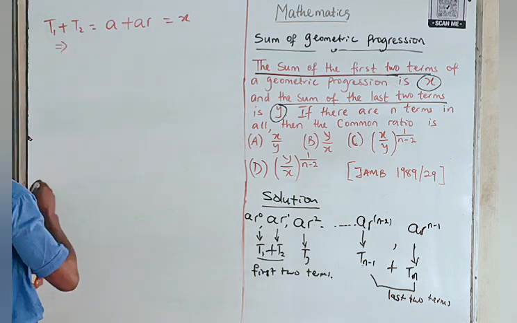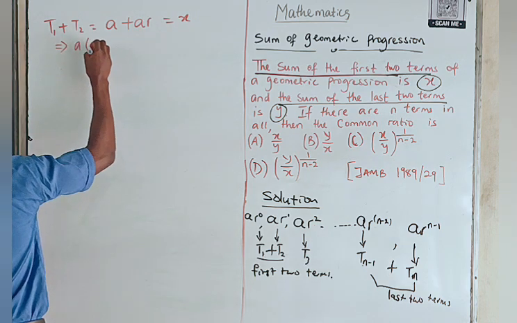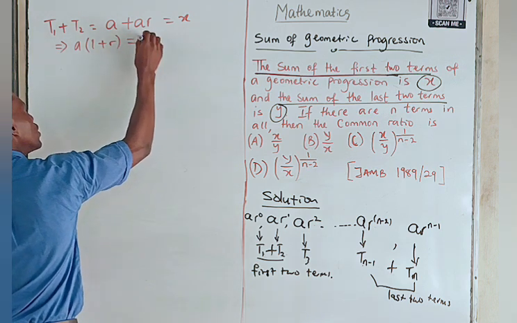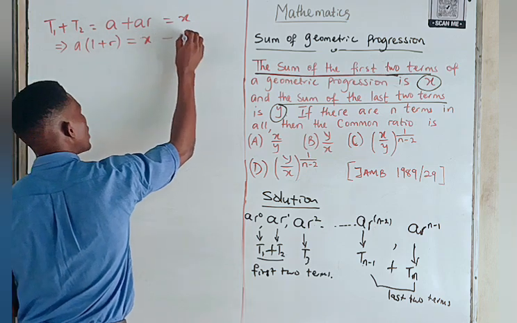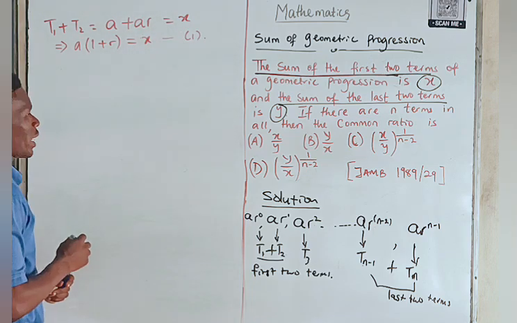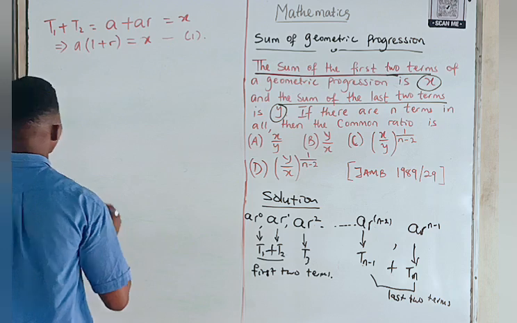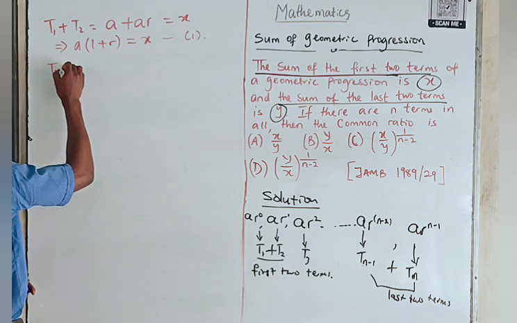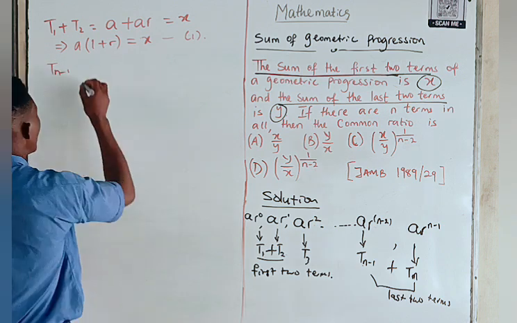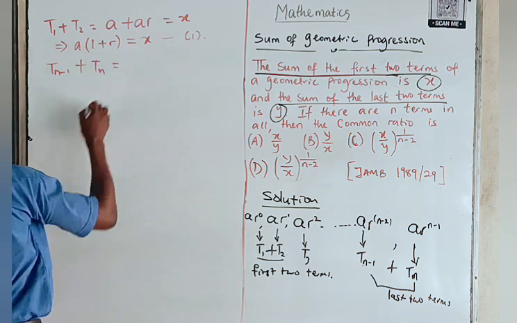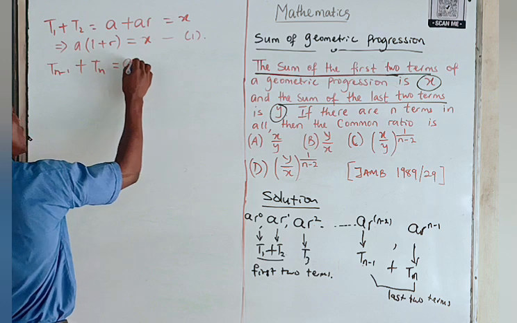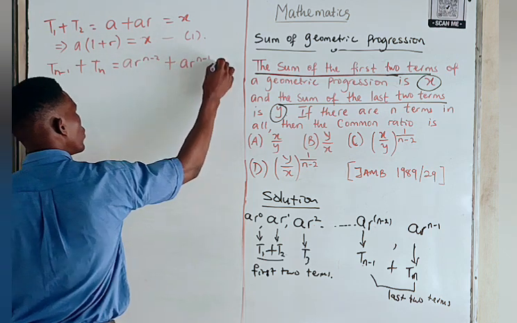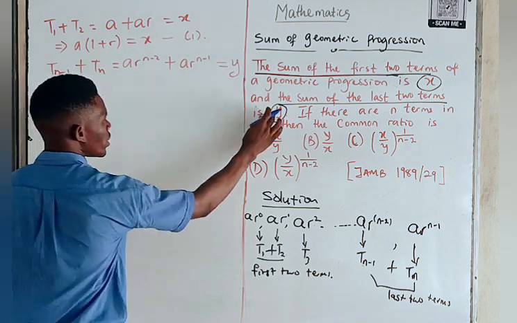So this implies that A into bracket 1 plus R equals x. Let's call that equation 1. And then when we add the last two terms, that is Tn minus 1 plus Tn, that is AR raised to power n minus 2 plus AR raised to power n minus 1, equals y. That is this, right?